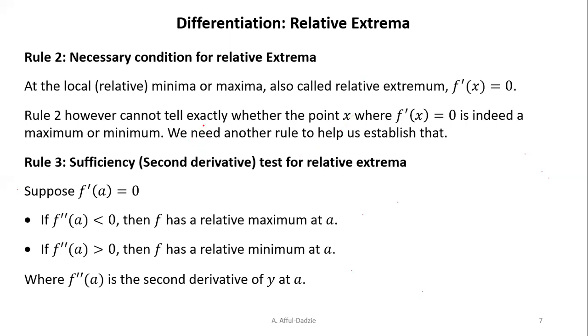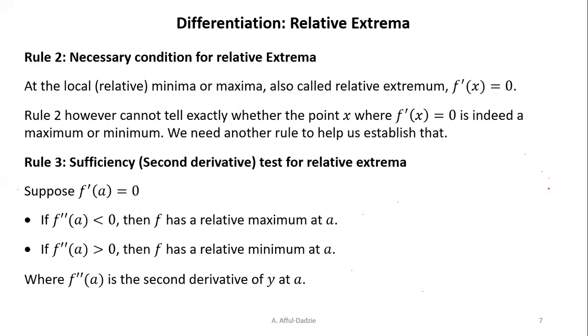Rule 2, which we call the necessary condition, is that we use the first derivative test to find the relative extrema.